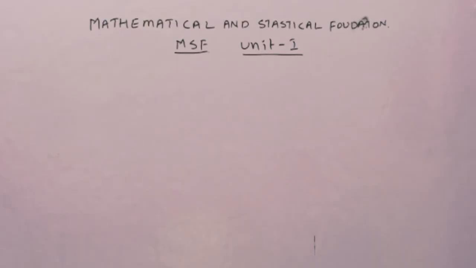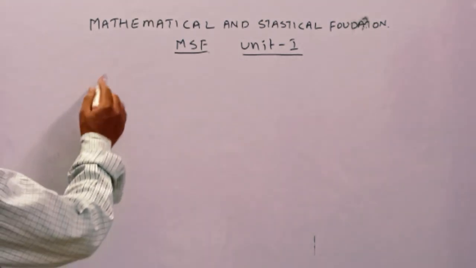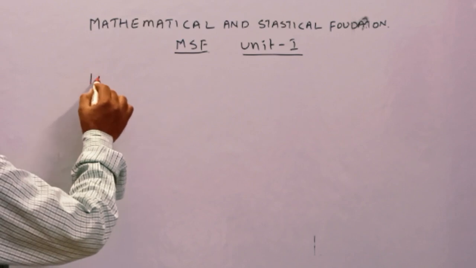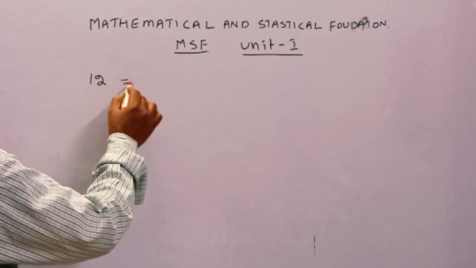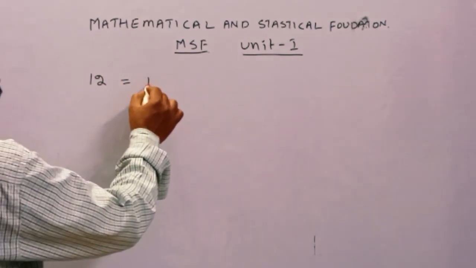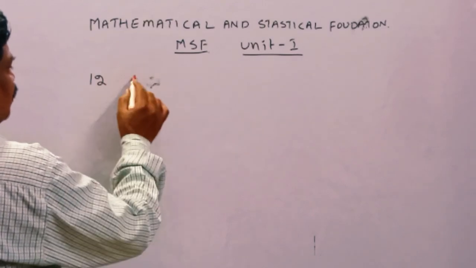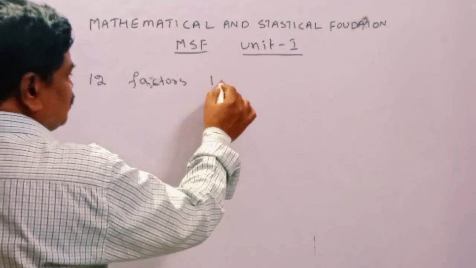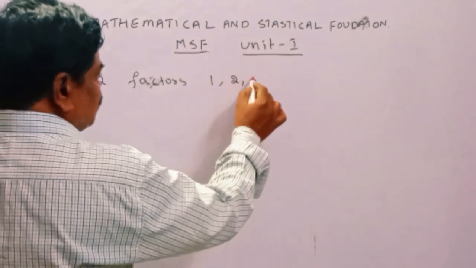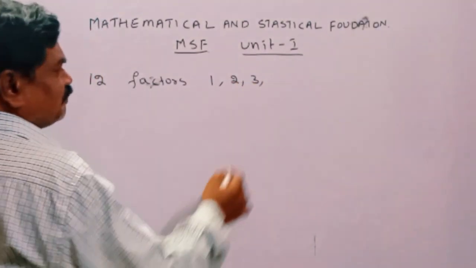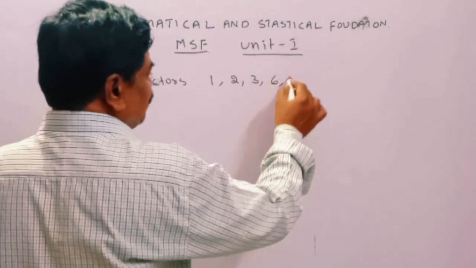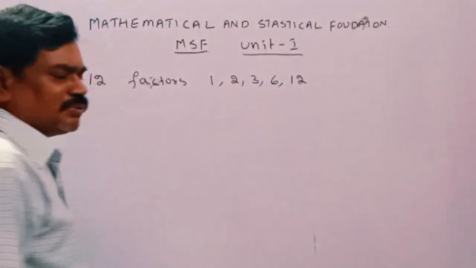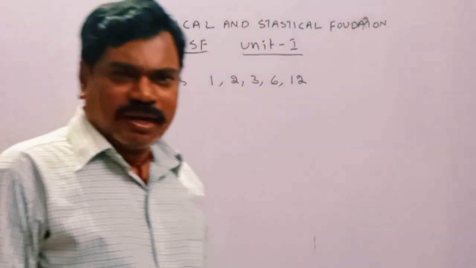Here one more, you see all of you, we have 12. What are the factors of 12? 1 is a factor, 2 is a factor, 3 is a factor, 6 is a factor, 12 is a factor.